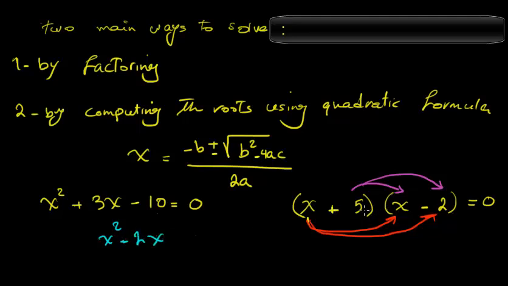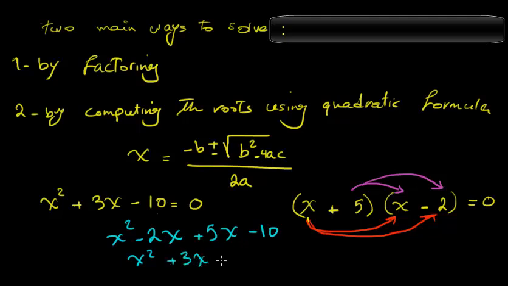Then we have 5 times x, plus 5x. Then minus 2 and 5 multiplied together will have minus 10. We simplify this one. x squared minus 2x plus 5x is 3x, and minus 10. We get the same answer, and we set it equal to 0.